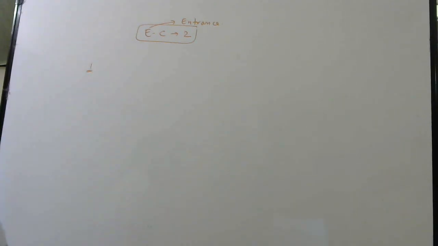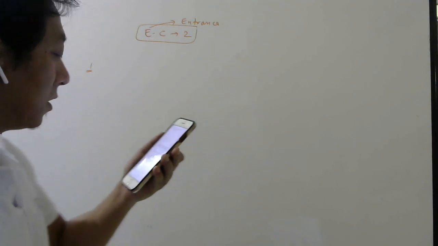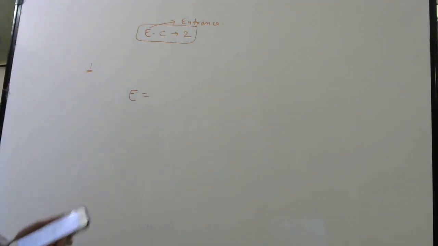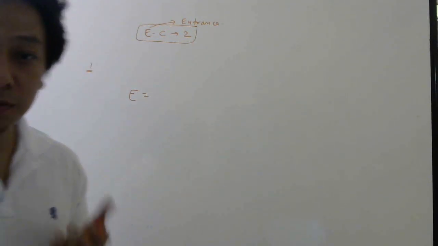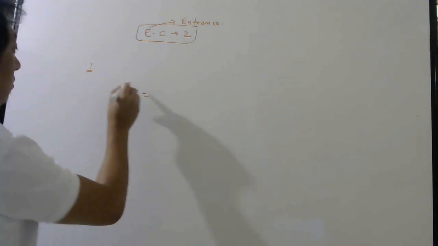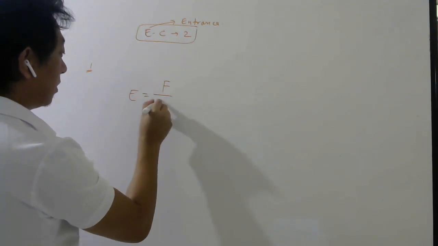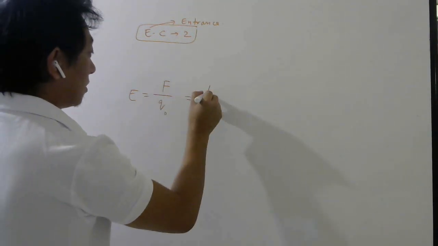Let us see the question. What is the dimension of electric field strength? They want the dimension. So whenever you want the dimension of any quantity, you should know the formula for that quantity. And what is the formula for defining electric field? Force per unit charge, right? So what is the dimension of force?